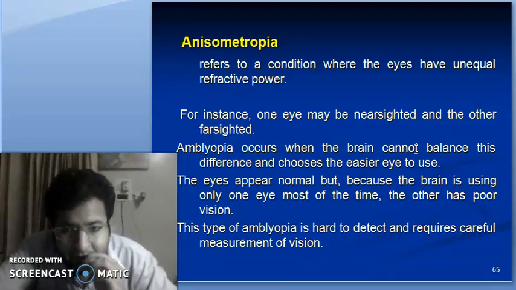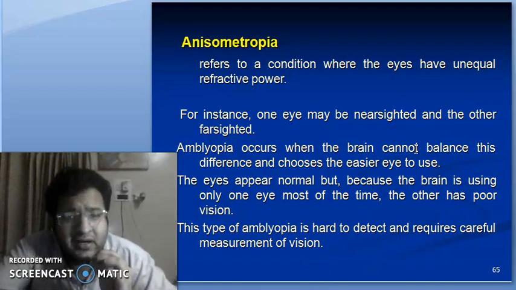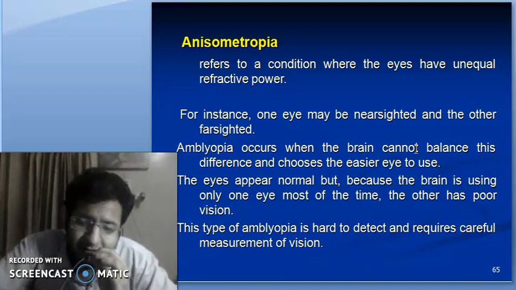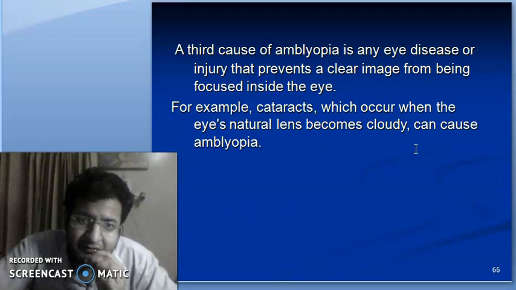Both eyes appear normal, but because the brain is using only one eye most of the time, the other eye has poor vision due to amblyopia. This type of amblyopia is very hard to detect because the eyes appear normal but still the vision is down, and therefore this requires very careful measurement of vision and fundus.